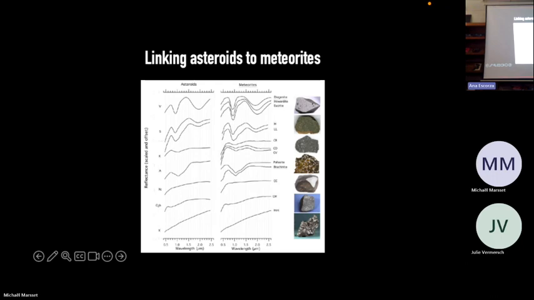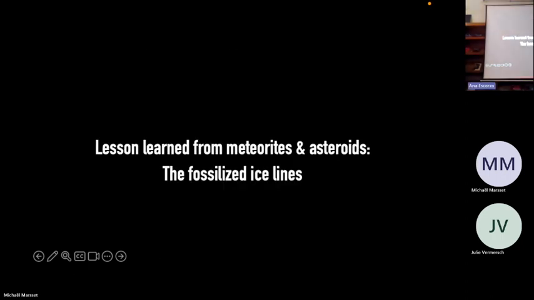But so what have we learned from that? So this compositional distribution allows us to put very strong constraints on planetary simulations to understand the details of how Jupiter migrated during the first million years of solar system evolution, how Saturn migrated, how Neptune migrated, etc. And I don't have the time to go through all of these models, but I'd like to talk about a concept that was learned from studying meteorites and asteroids, and that I think is relevant to people here studying exoplanets and protoplanetary disks.